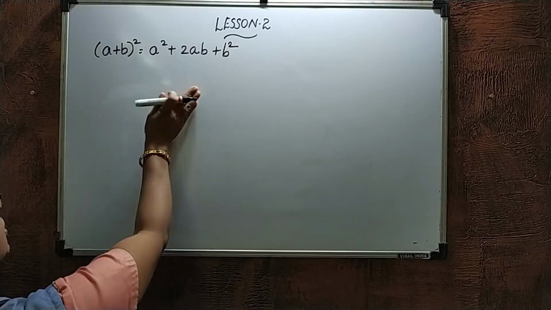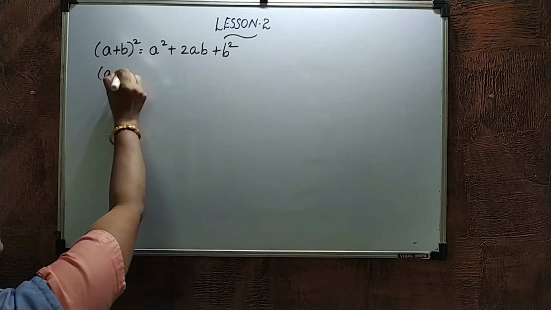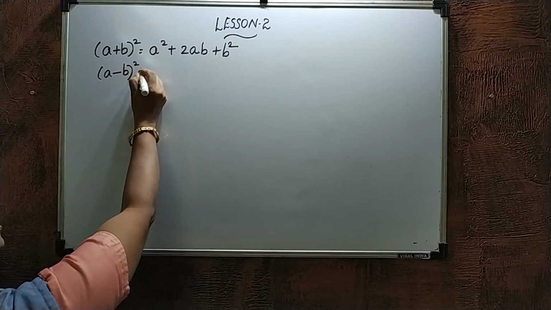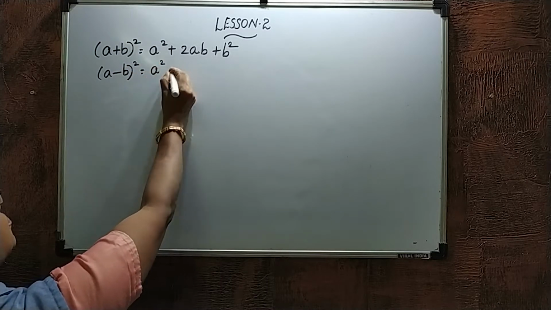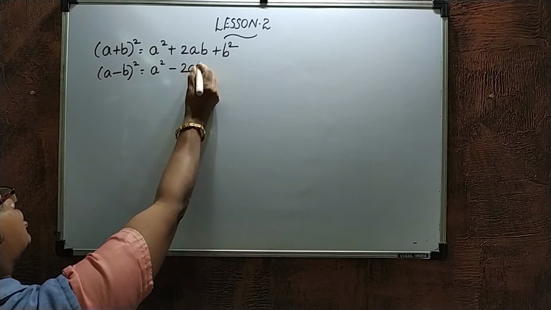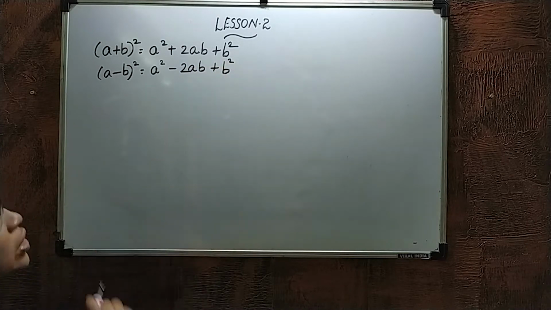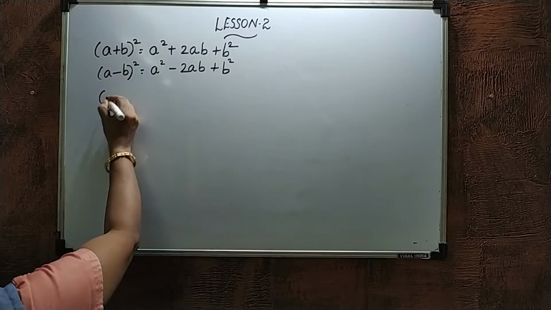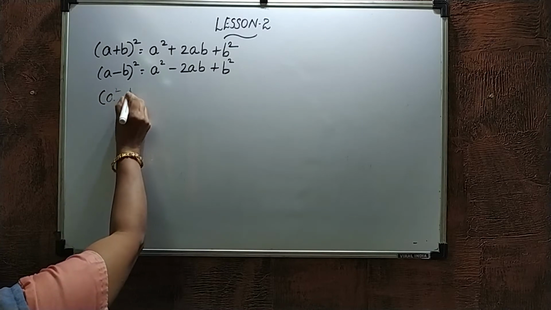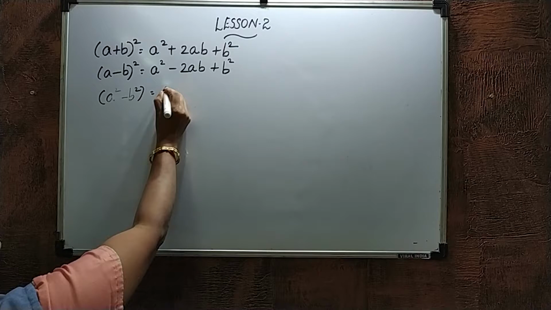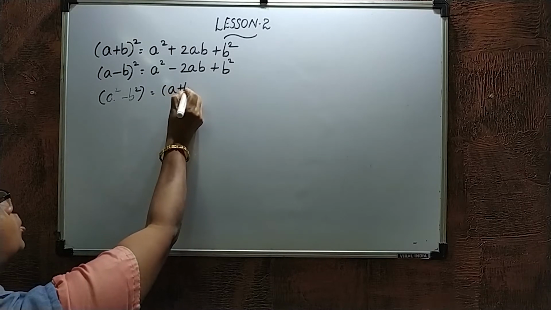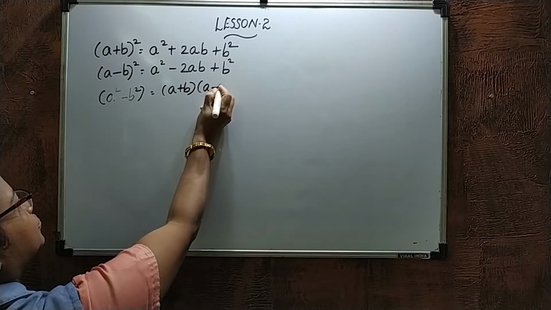A minus b the whole square equals a square minus 2ab plus b square. Third one, a square minus b square equals a plus b into a minus b.